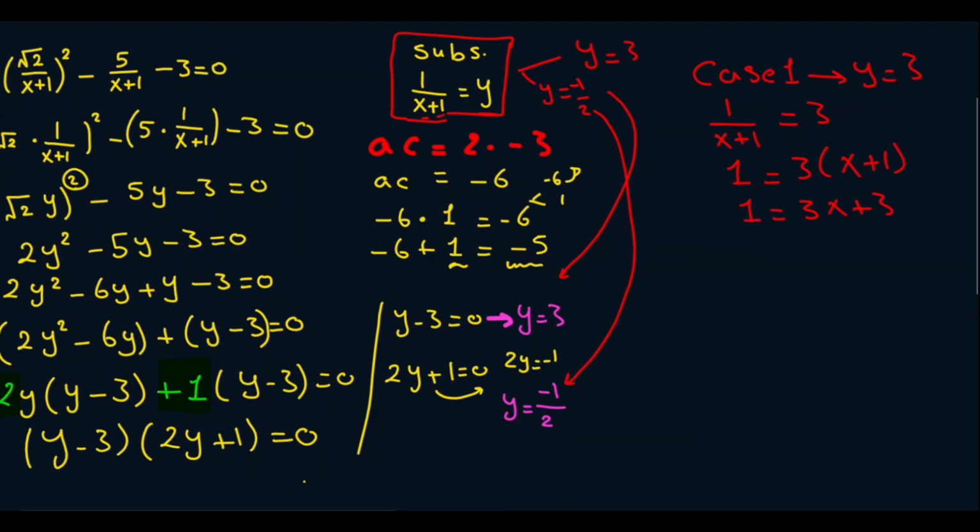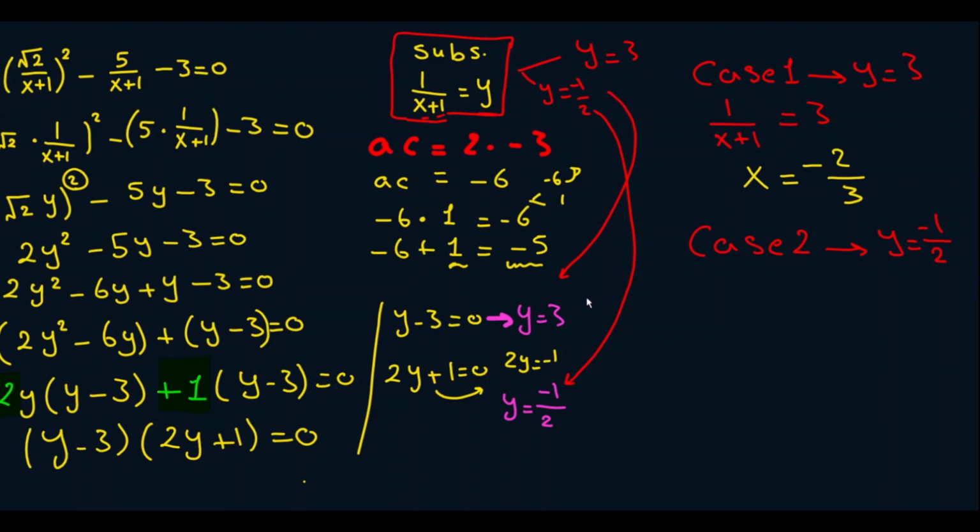By solving this, it will give us 1 minus 3 is equal to 3x. We're gonna have over here negative 2 is equal to 3x. So x will be equal to negative 2 over 3.